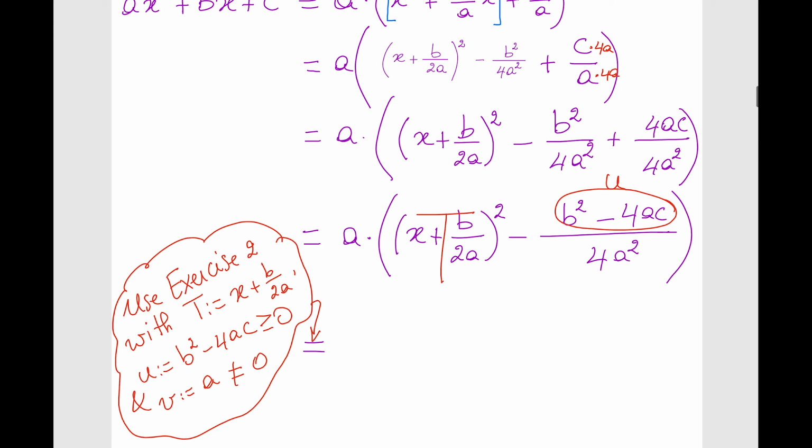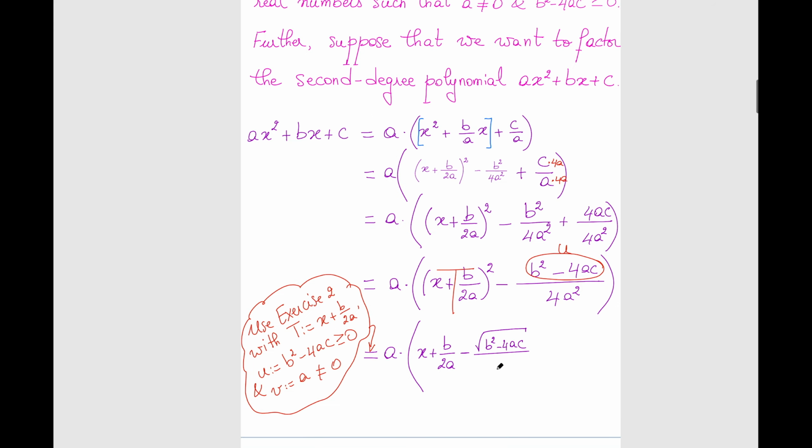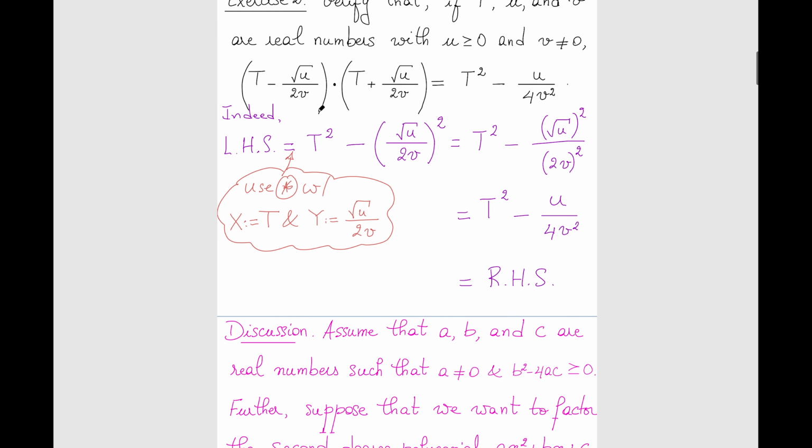Well, let's keep the a, it tells me that I can write this whole thing as t, which is x plus b over 2a, minus, if you remember, the square root of u, which is b squared minus 4ac. Let me extend this umbrella here, right? Divided by 2v, remember?